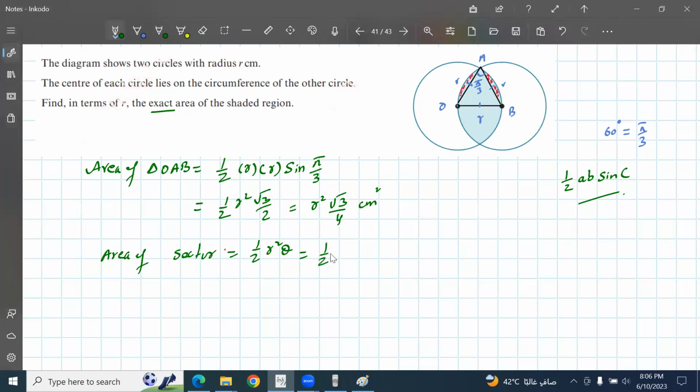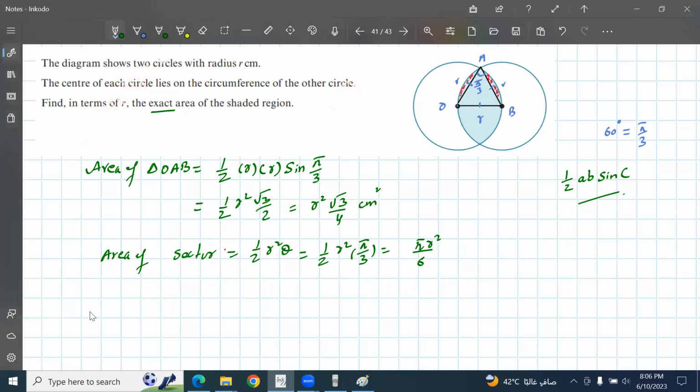So 1 over 2 r squared, and theta we know is pi over 3, and if you simplify it gives me pi r squared over 6. This is the area of sector.